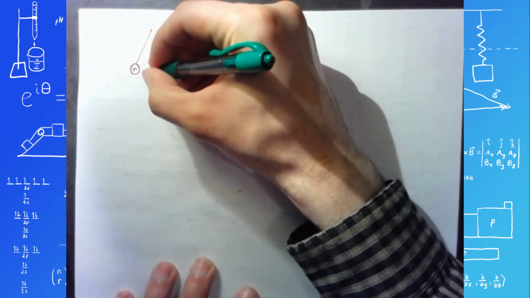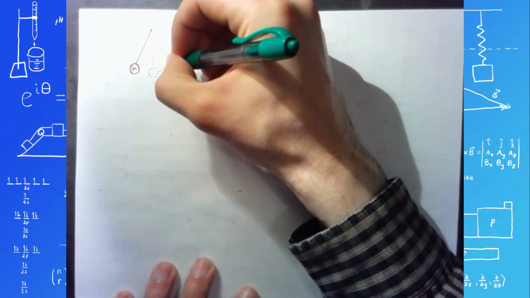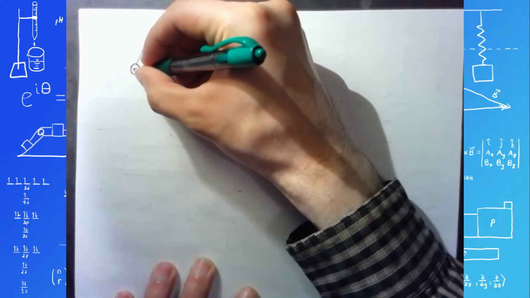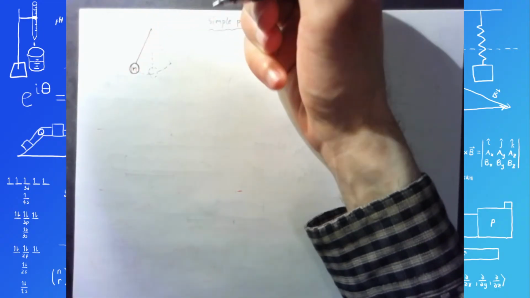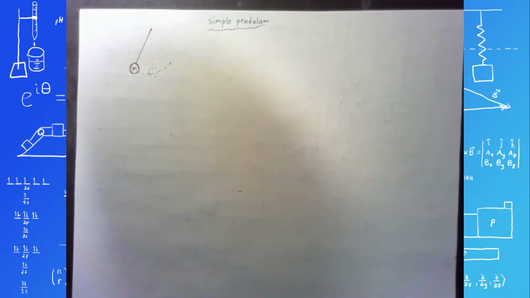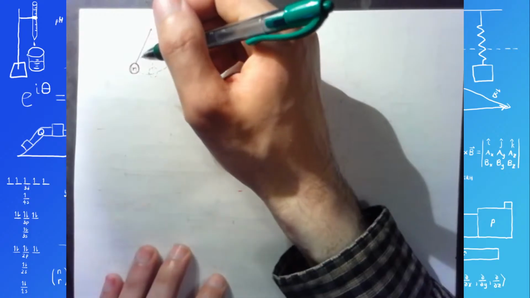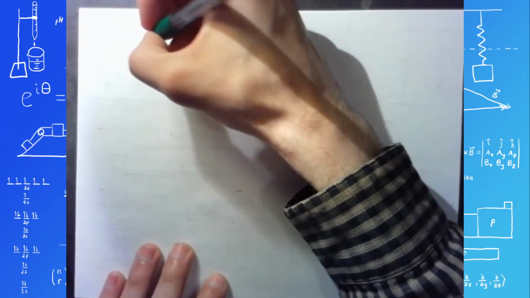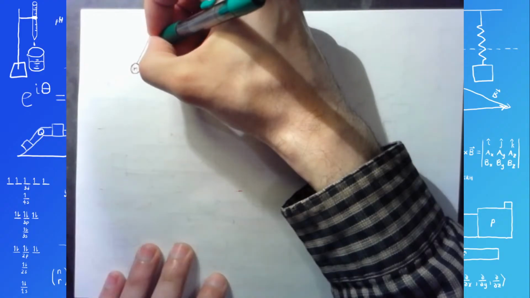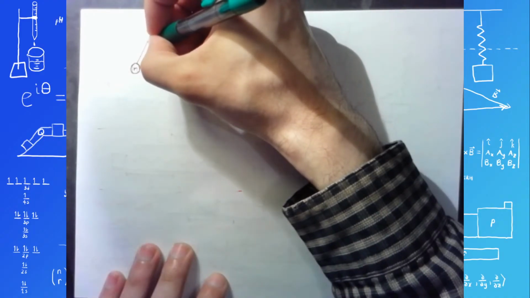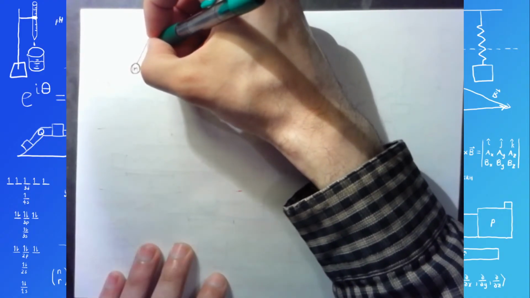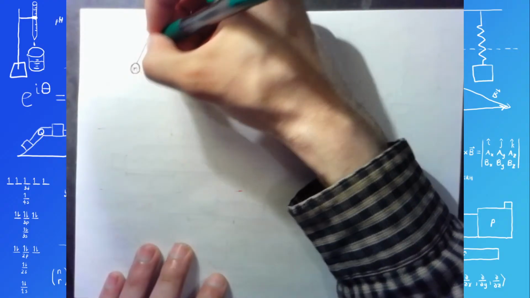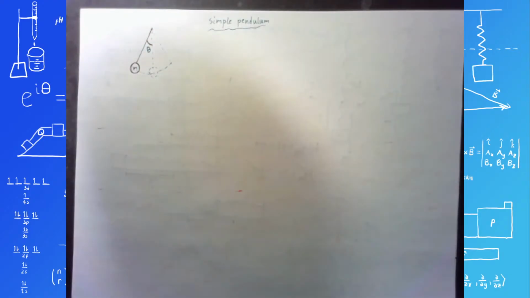And it swings back and forth between two extreme positions. It seems like it could be simple harmonic motion. So how would I define the displacement? In this case, I would define the displacement in terms of the angle in radians. I would call my displacement theta. I would just use my angular displacement here.